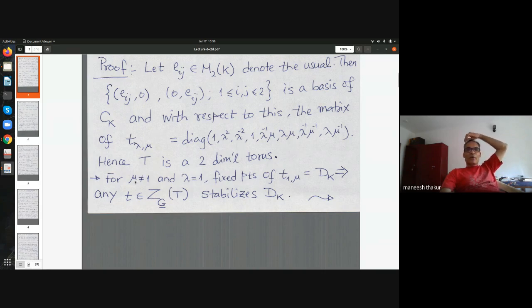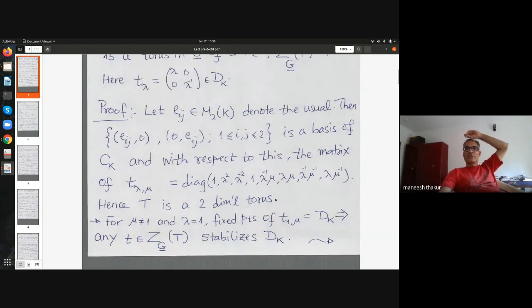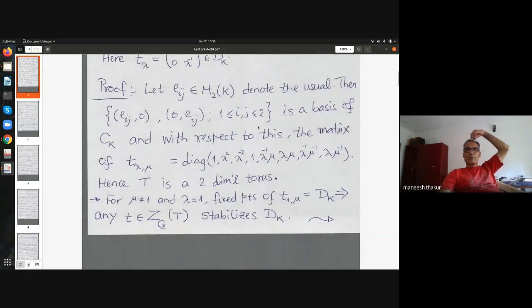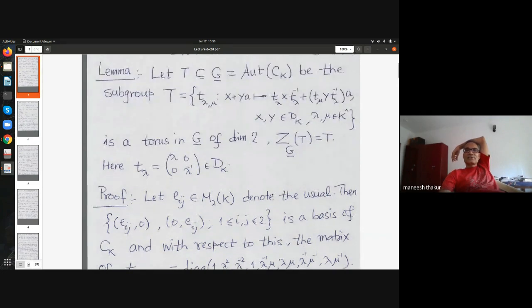So I'm trying to prove now that the centralizer of this torus is itself. That will show maximality. For that, what I do is I choose mu not equal to 1 and lambda equal to 1. So I'm looking at an element of the type T1 mu. T1 mu will fix the first summand pointwise, right?